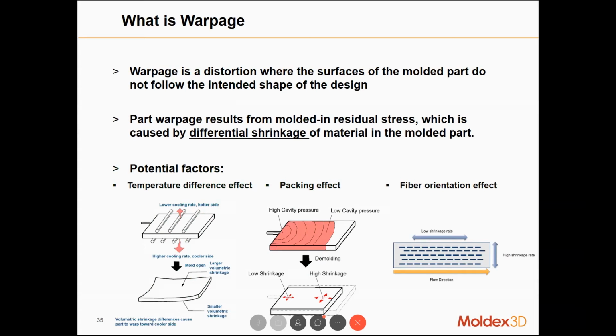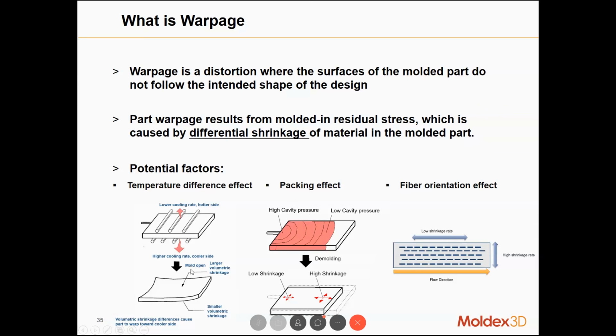And warpage is a serious problem we usually face after the part is demolded to the atmosphere temperature and the ambient pressure, especially for some kinds of plate-shaped products. And the temperature difference between the top side and the bottom side is one reason to cause the warpage.